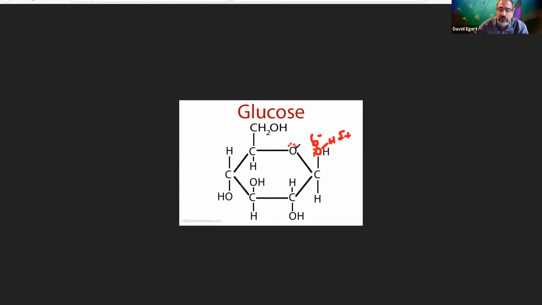So with oxygens like this, or, as we'll see later with serotonin, nitrogen in the ring, things are going to like to make hydrogen bonds. Hydroxyls tend to make hydrogen bonds because of this local charge imbalance, the oxygen versus the hydrogen.